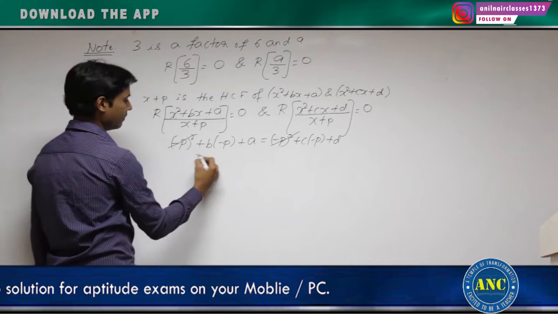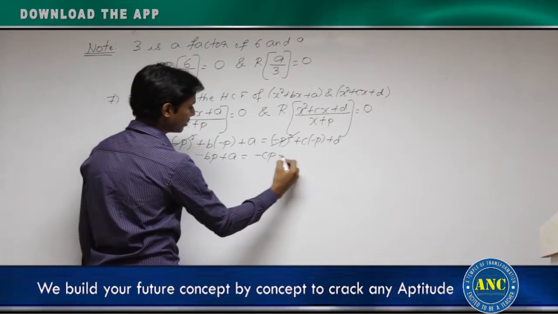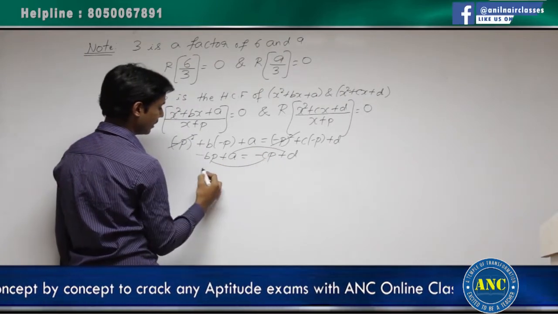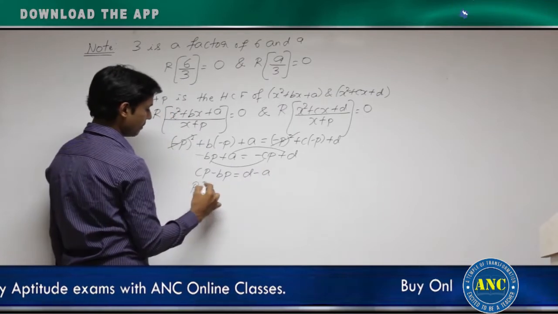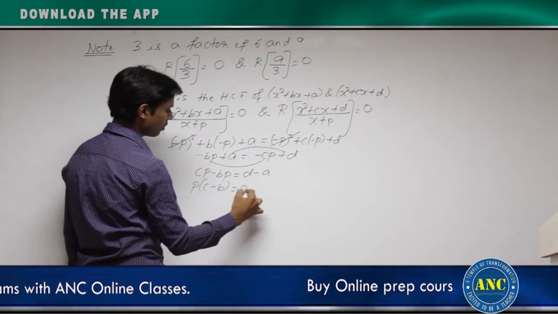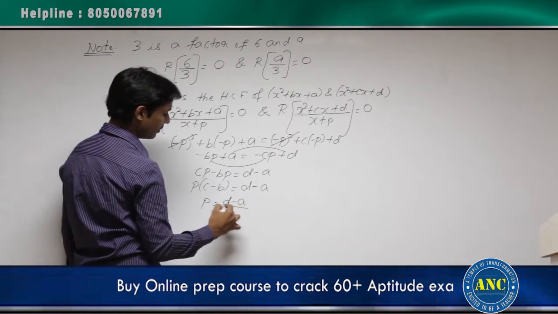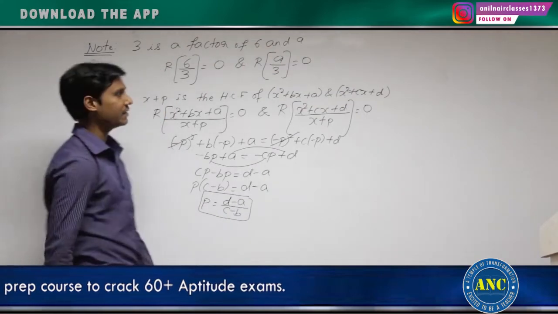This will cancel. This is minus bp plus a is equal to minus cp plus d. They are asking p value. Bring it this side, bring it this side. cp minus bp is equal to d minus a. p into c minus b is equal to d minus a. p is nothing but d minus a divided by c minus b. It's very simple.